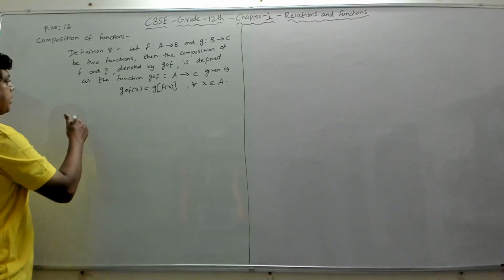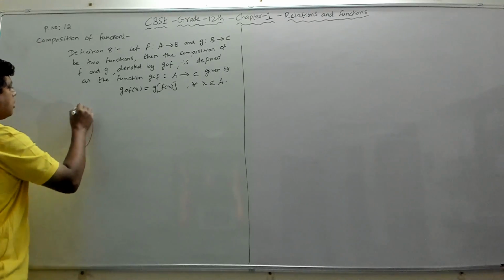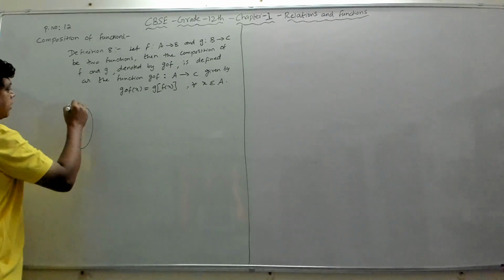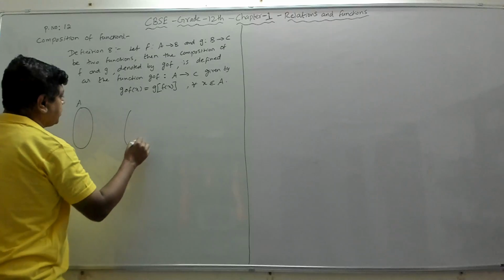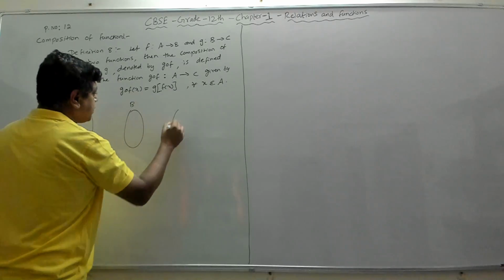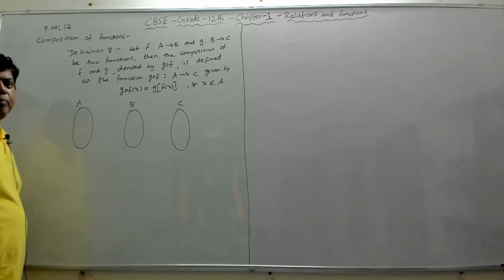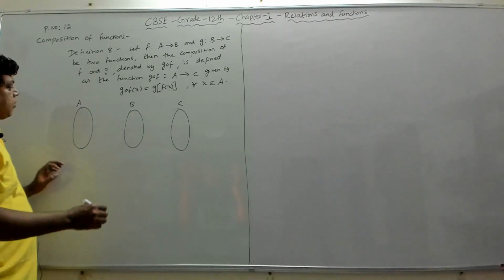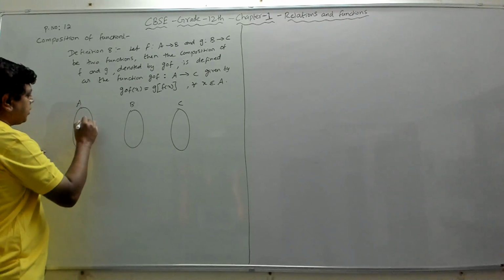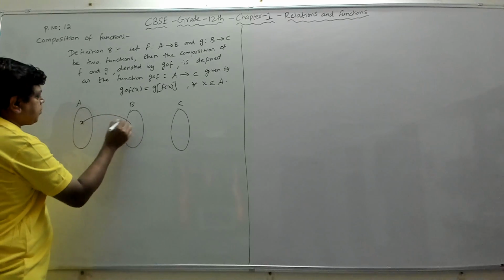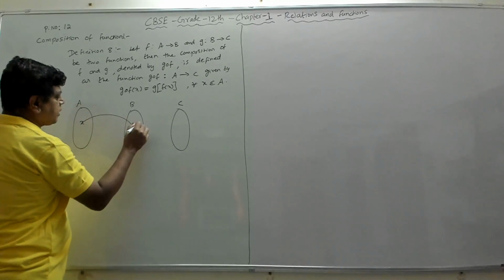So diagrammatically, if you want to represent, suppose you have a set A, this is your set A, and this is your set B, and this is your set C. f is a function. Suppose x is the element and function f maps x to the element f of x.